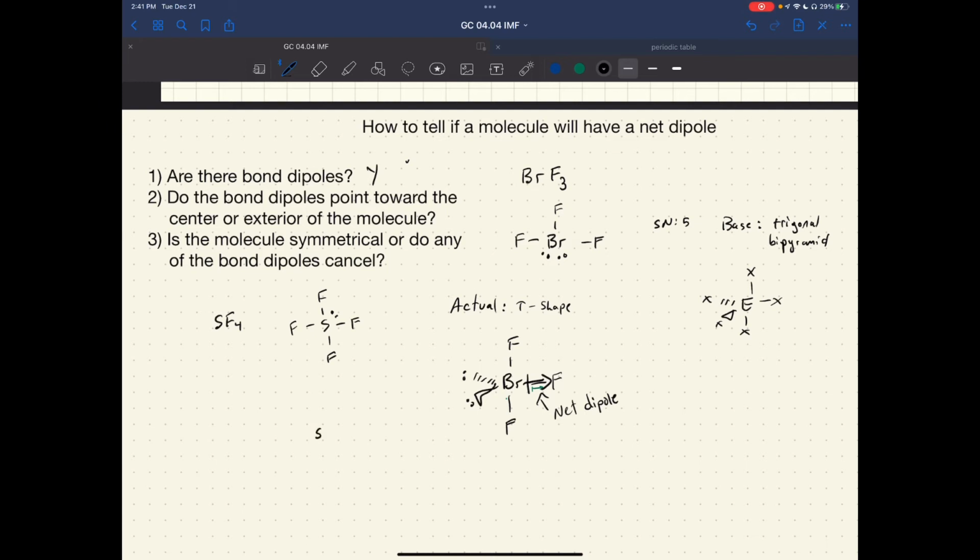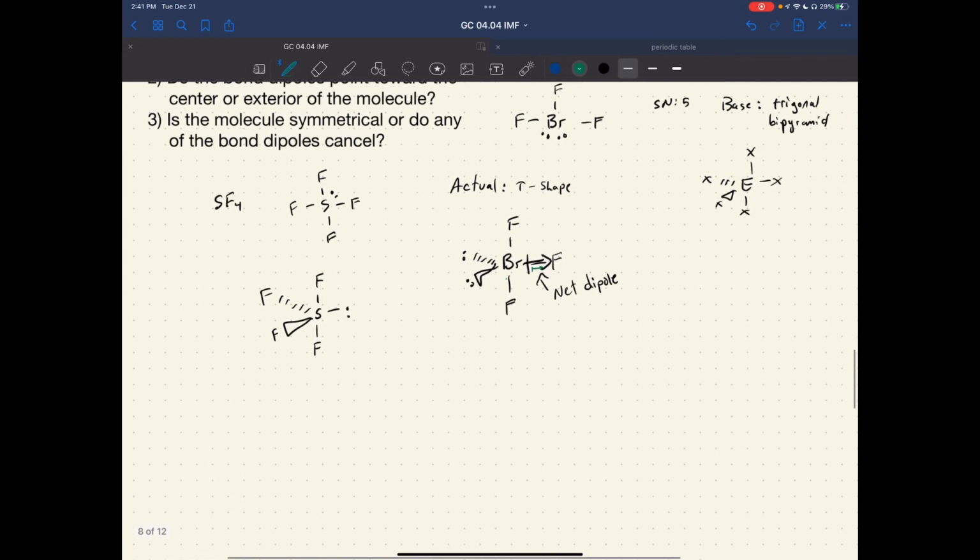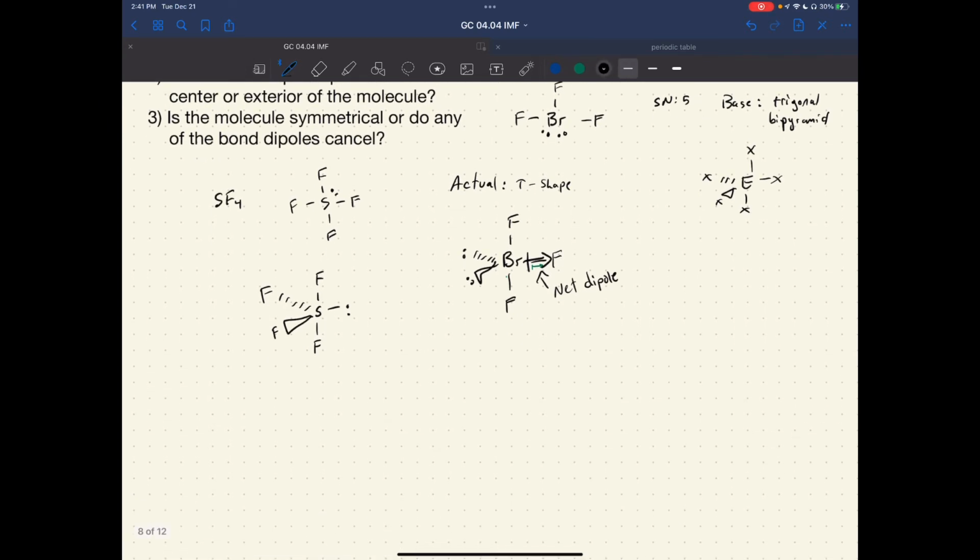So I'm going to skip my base geometry, and I'm just going to go to my correct geometry, which is seesaw. Okay, now this one, it's going to be a little hard to figure out what's going on. And in order to do that, I'm going to do a little rotation of the molecule.